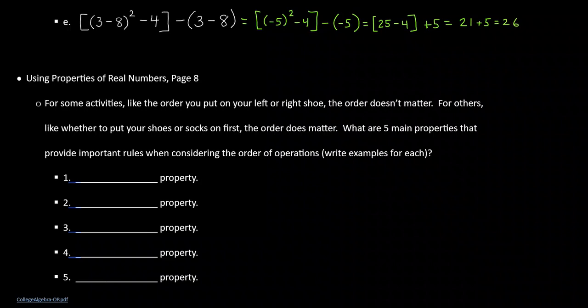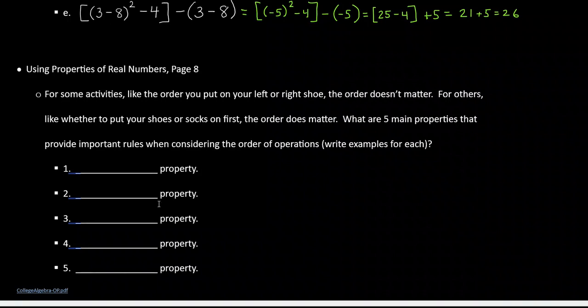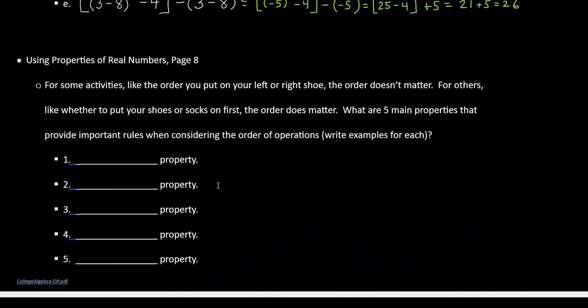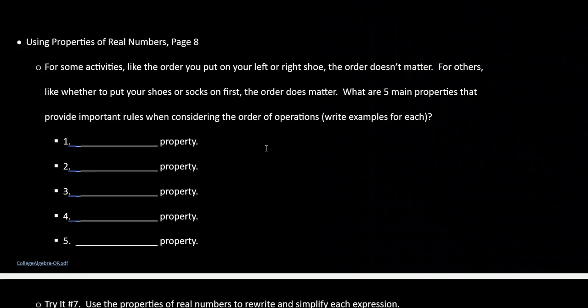All right, this next section here, using properties of real numbers, page 8 out of the textbook. For some activities, order doesn't matter. For others, order does matter. And these are other properties, kind of like PEMDAS is a rule of order. These are just properties.